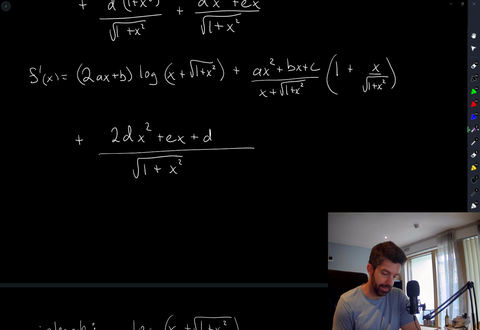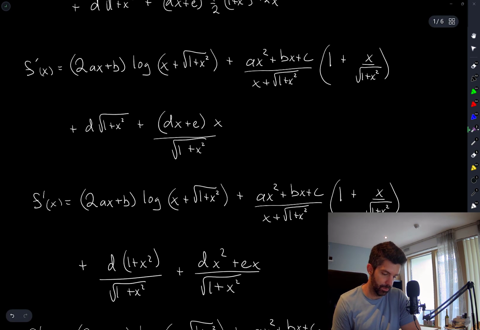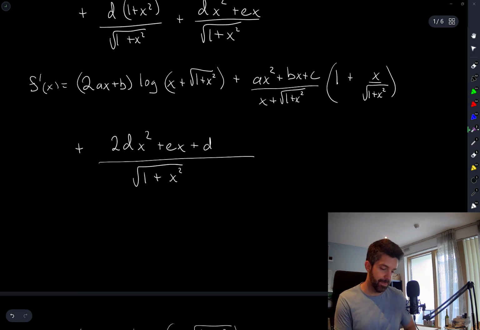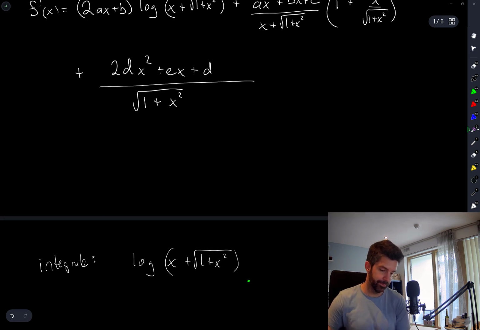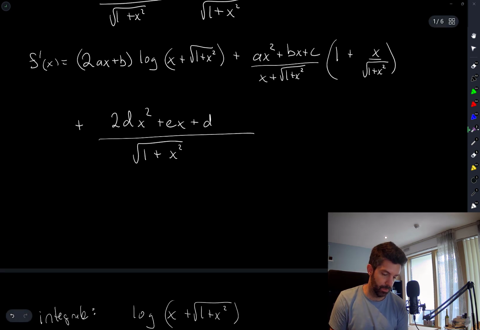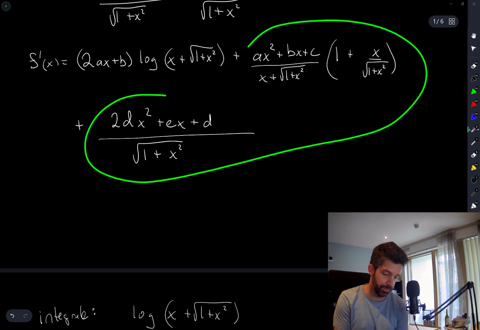I would like to choose values of a, b, c, d, and e such that this whole expression is simply equal to that. It's clearly going to require a equals 0, and it makes sense I should just choose b equal to 1. And then we'll have to figure out how to choose c, d, and e such that this disappears completely.